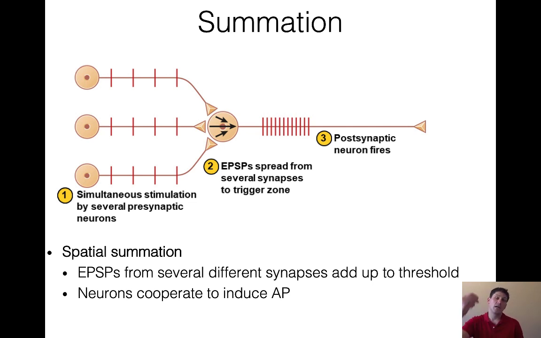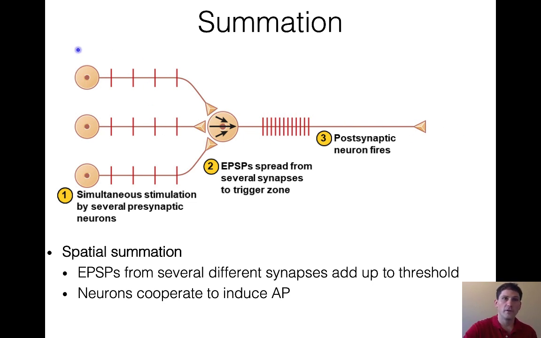Spatial summation, then, on the other hand, is having stimulation from multiple different synapses in different spaces. So spatial or space, and so you can see all 3 of our neurons in this example are sending in signals, but not very quickly, but all of their effects together bring this neuron closer to threshold, which causes this neuron to fire its signal.